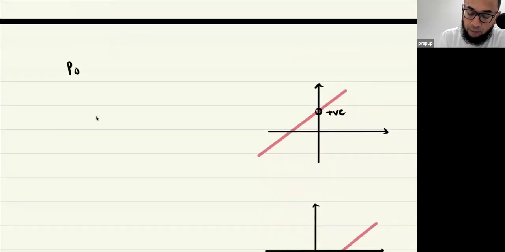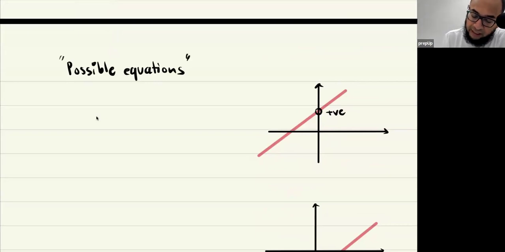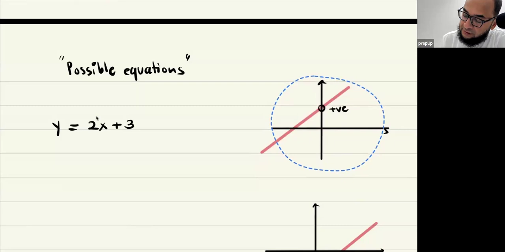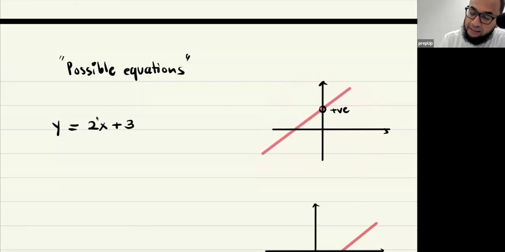So these are possible equations that could be corresponding to these diagrams. This could be like y is equals to 2x plus 3, something like this. So let me just adjust it. It has a positive slope. It has a positive y-intercept. So positive slope, positive y-intercept, mx plus c, of the format y is equals to mx plus c.